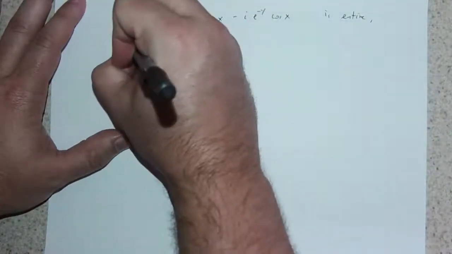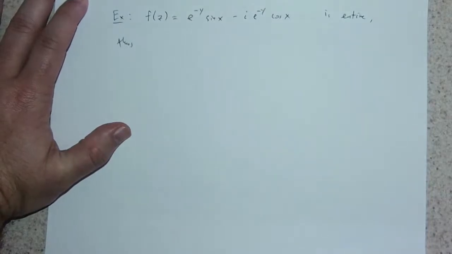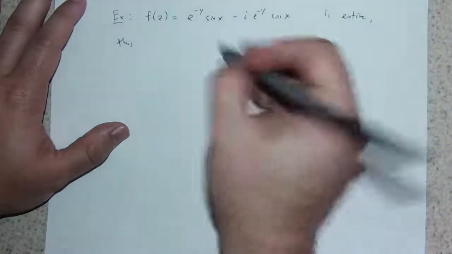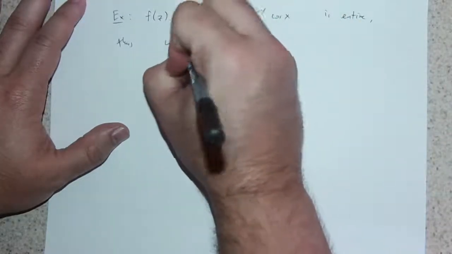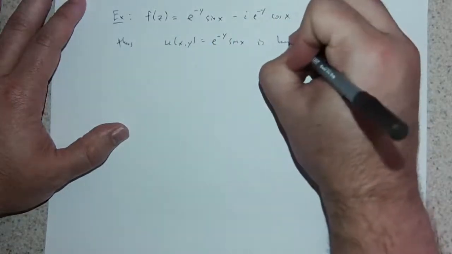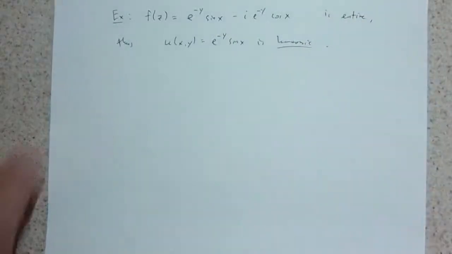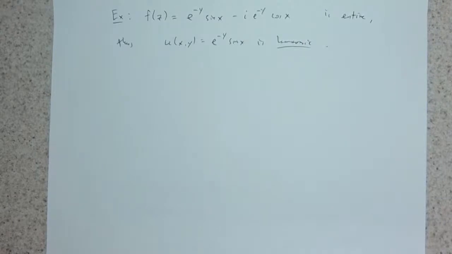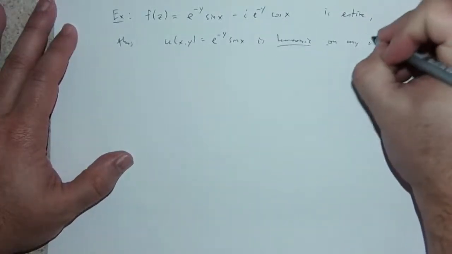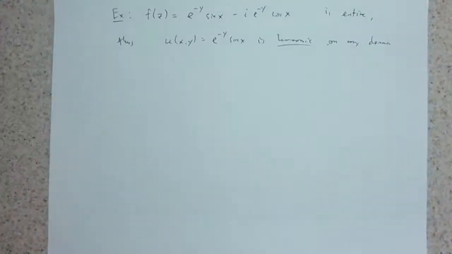Thus both its real and imaginary components must be harmonic, but we can even just focus on its real part. So u, which is e to the minus y sine x, is harmonic, for instance. Also, its imaginary component is harmonic. And of course, this is entire, so this is harmonic on any domain in the plane that you pick.